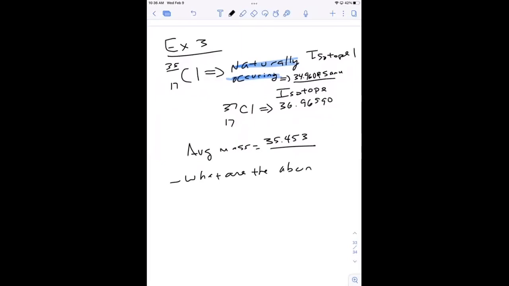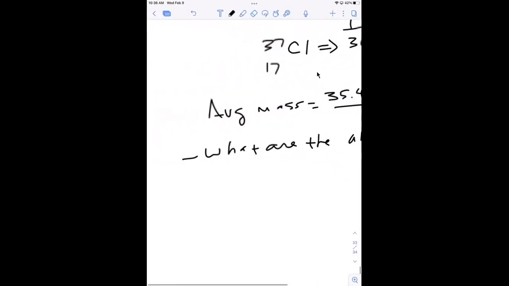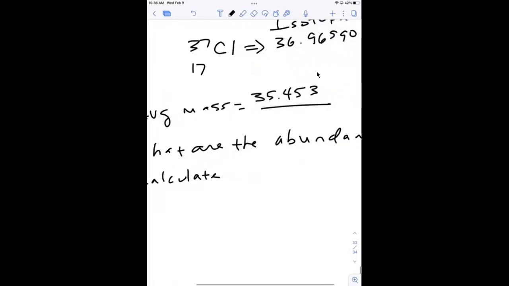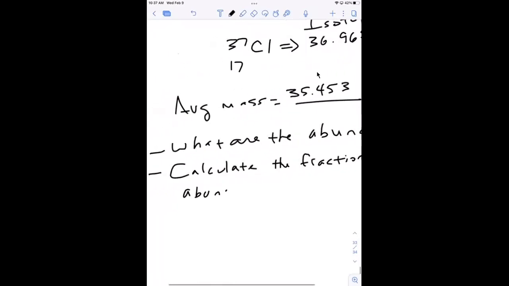I'm just going to say abundances. We need to calculate the fractional abundance of each isotope.